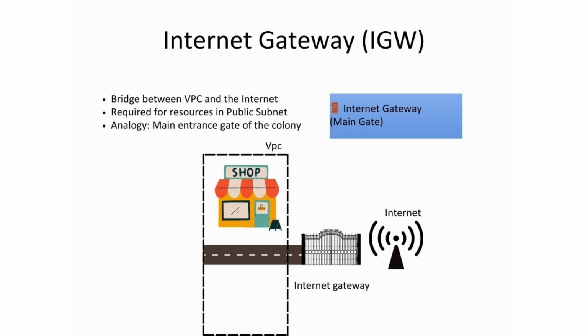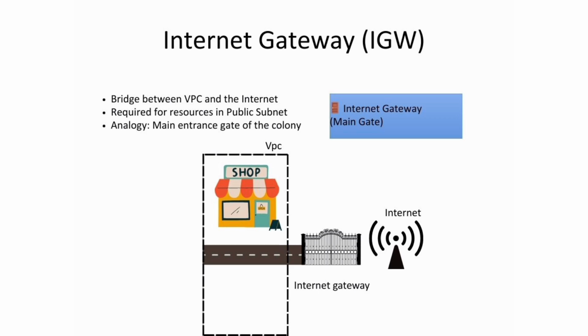If you don't have a gate, outsiders cannot enter and you cannot go out. So adding an internet gateway is like building that main gate to connect the colony with the outside world. If users want to connect to your public subnet, or you want to go outside to get updates or something else, you have to have an internet gateway to get access to the internet.